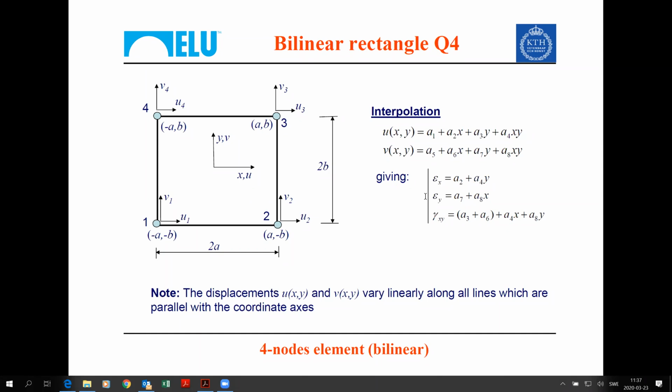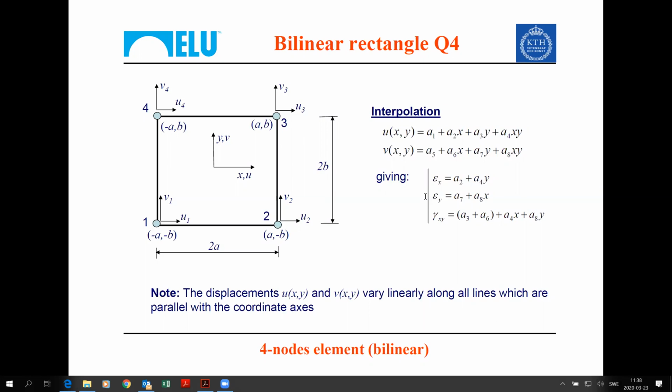In this case, the approximation of u and v will contain an extra term, not just the first 3 linear terms, but also a term in x and y. We can do this simply because we have an extra condition equation from which to determine our 4 constants.